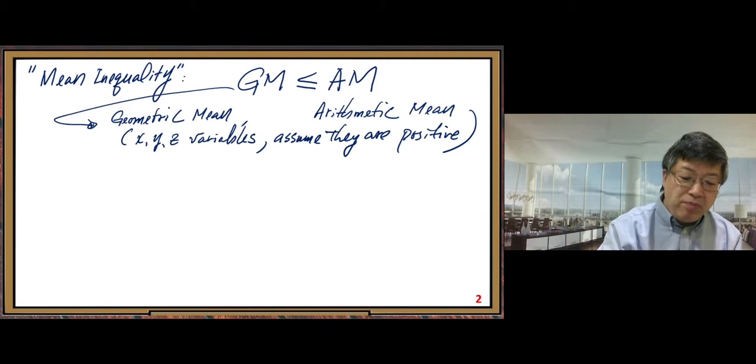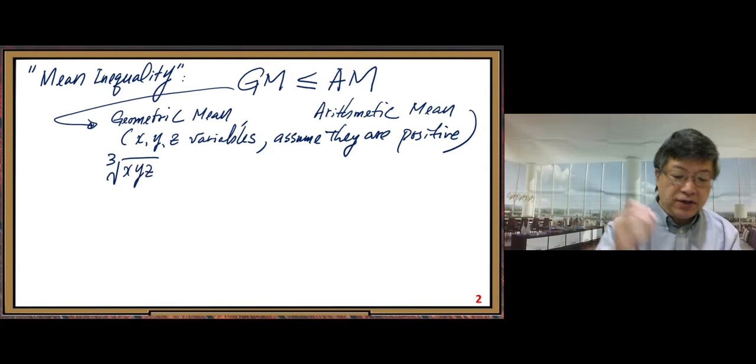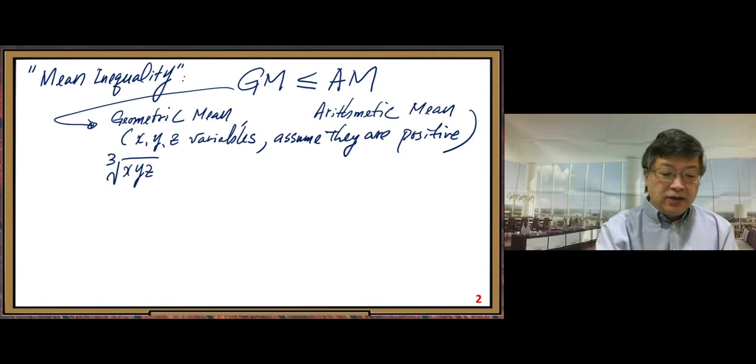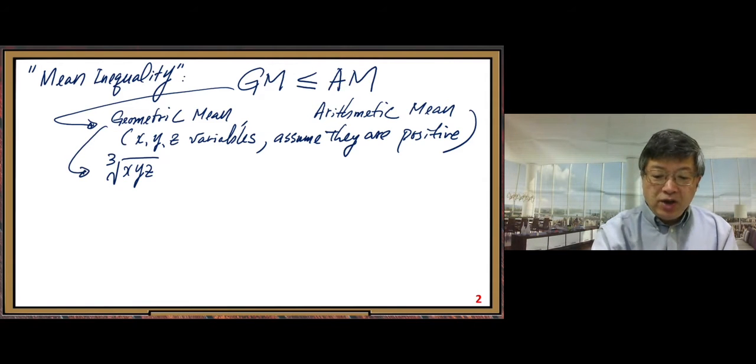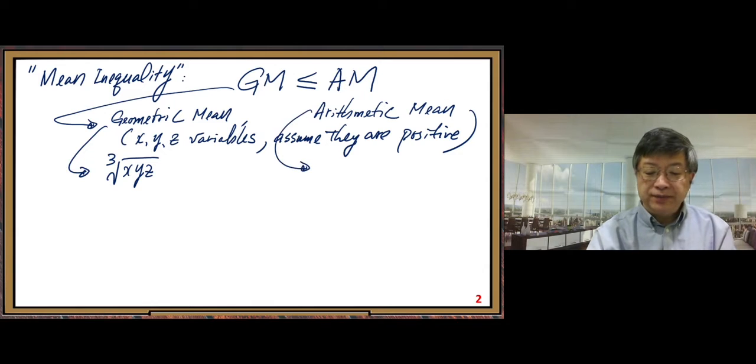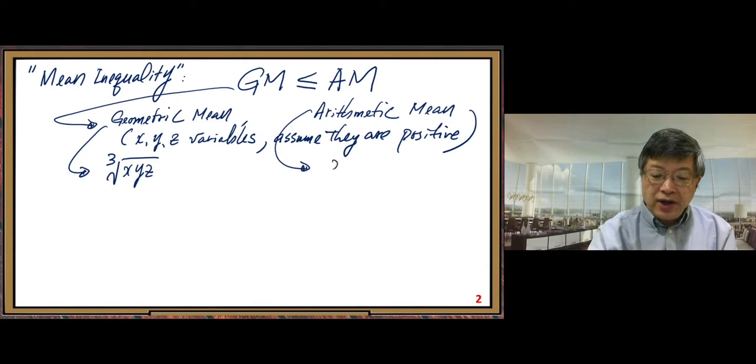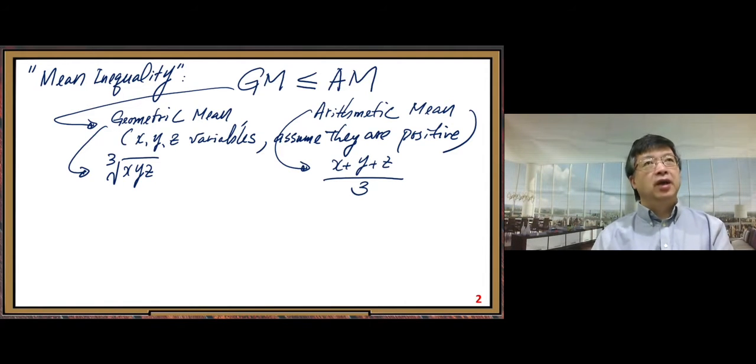Then geometric mean of XYZ, that is cubic root of XYZ. So that's the geometric mean definition. Arithmetic mean, our regular average definition. So that is X plus Y plus Z over 3.